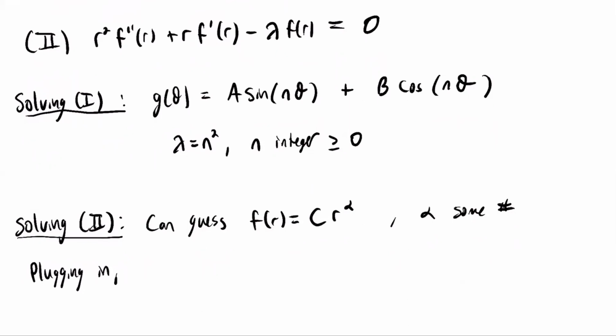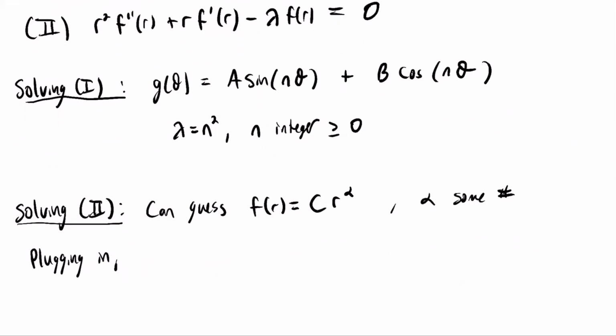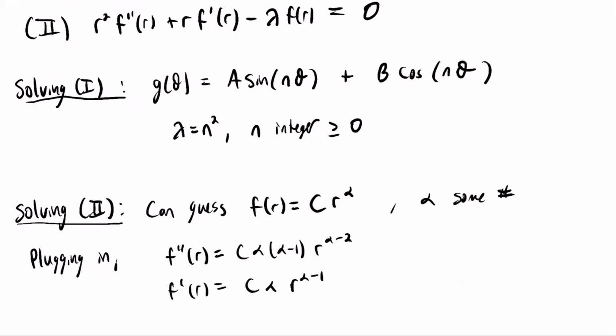Let's just plug this in first, and then I'll add some conditions. f prime prime of r has to equal c times alpha times alpha minus 1, r to the alpha minus 2. f prime of r has to equal c times alpha times r to the alpha minus 1.